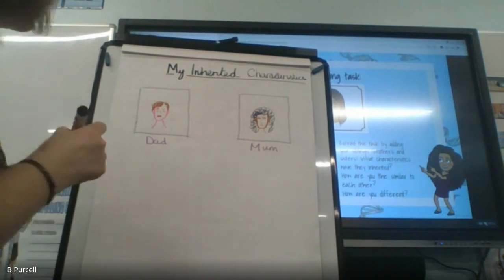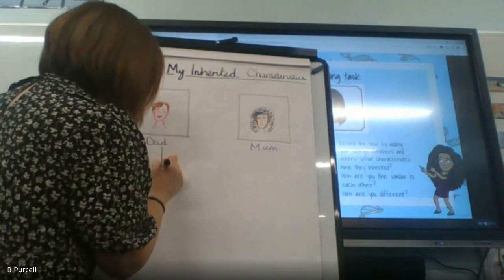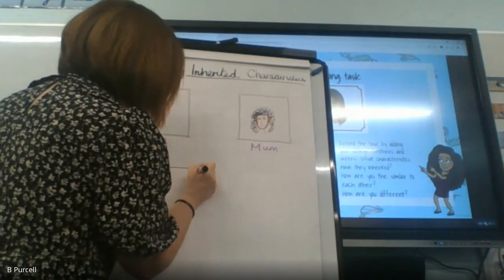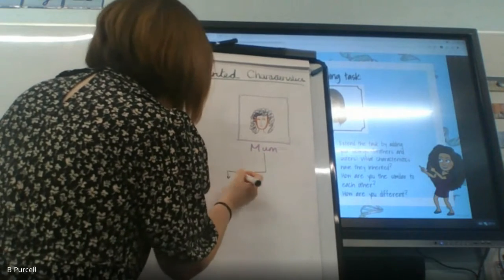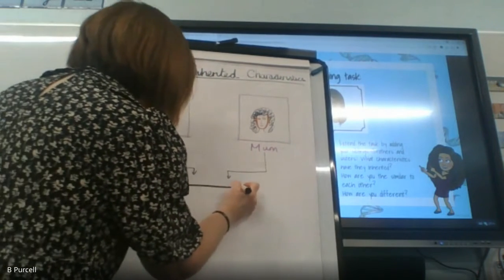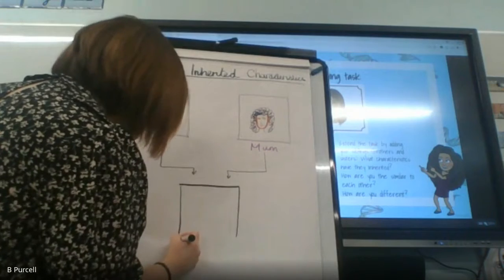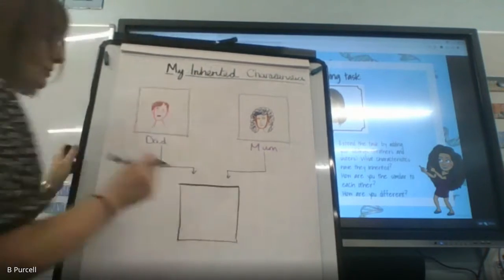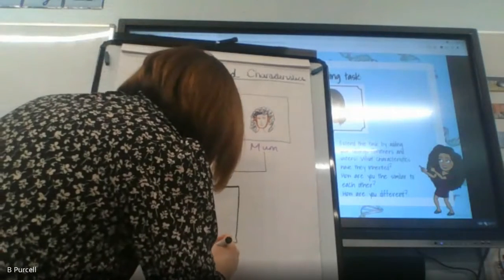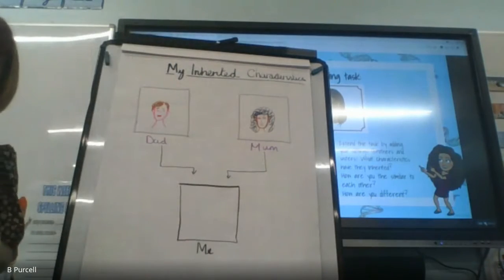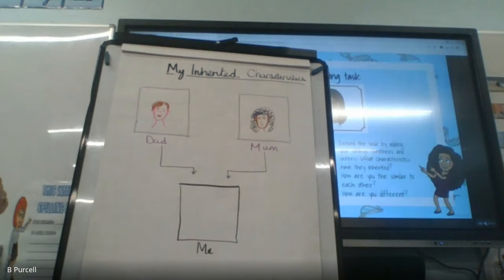And then you can draw yourself in that box. Okay, or stick a photograph of yourself in that box.